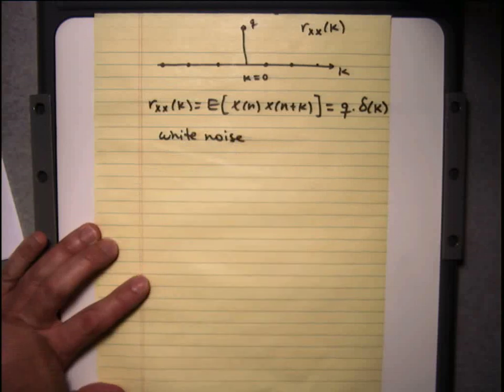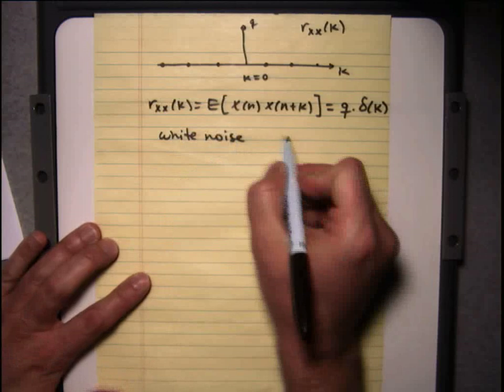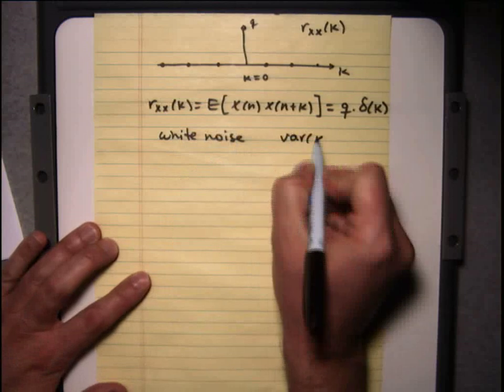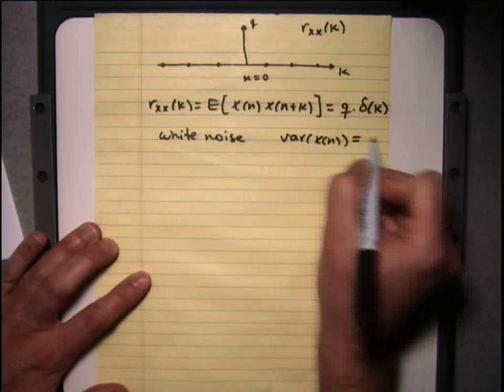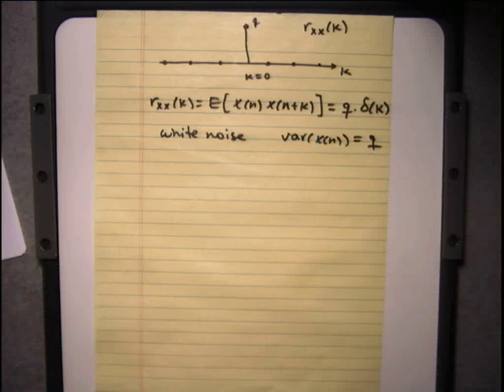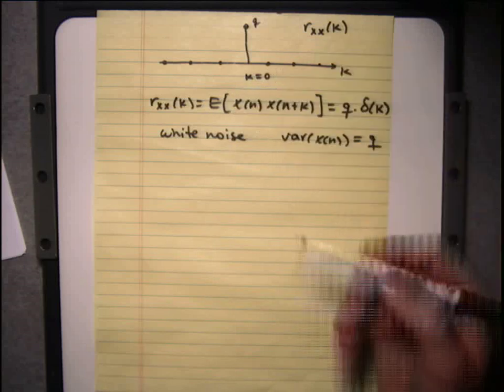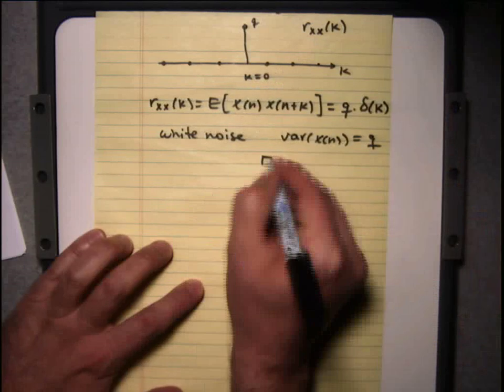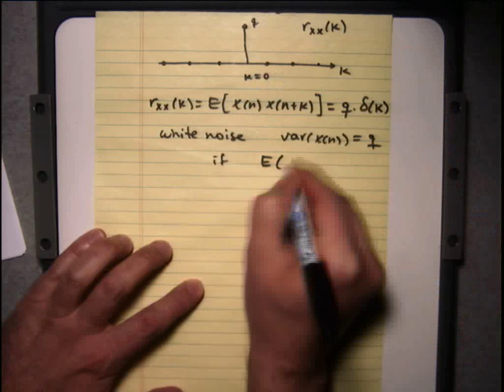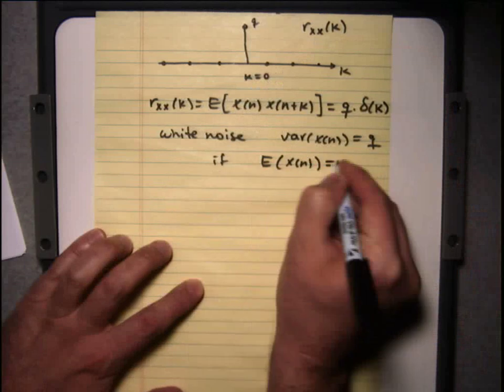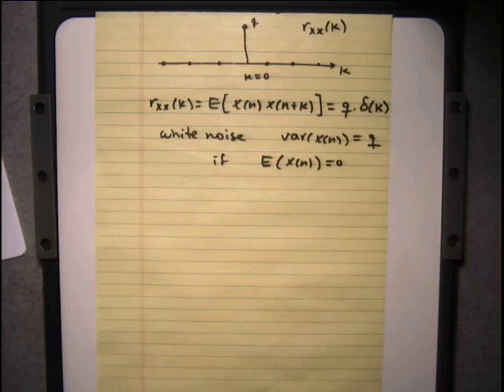Now, it's not necessarily Gaussian, but it's white. And what is the variance of x of n in this case? It's just q. Okay? Because if we assume that the expected value of x of n is equal to 0, then this would be just a variance.